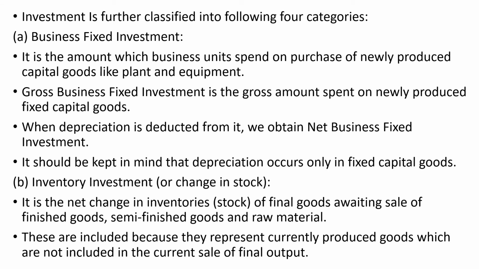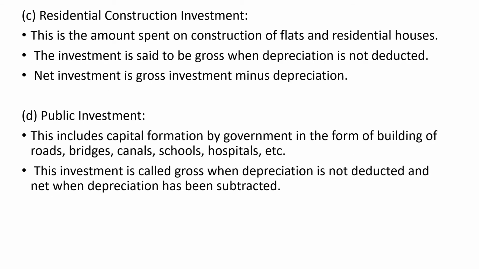Third is residential construction investment, which is the amount spent on construction of flats, residential houses, etc. Residential construction investment is said to be gross when you take into consideration depreciation, and it is net if you are not considering depreciation.